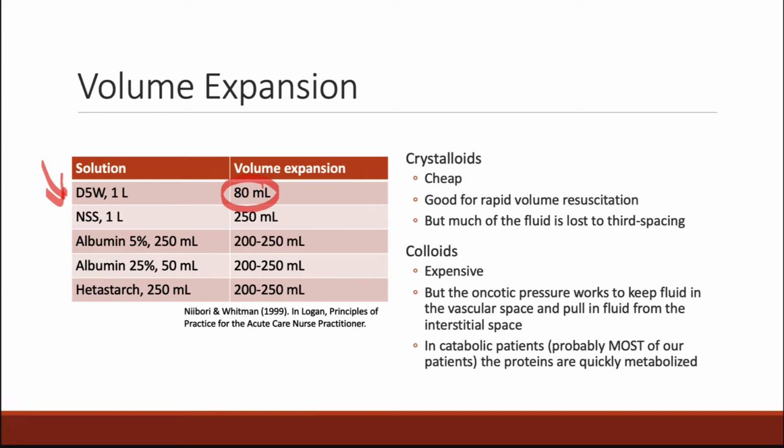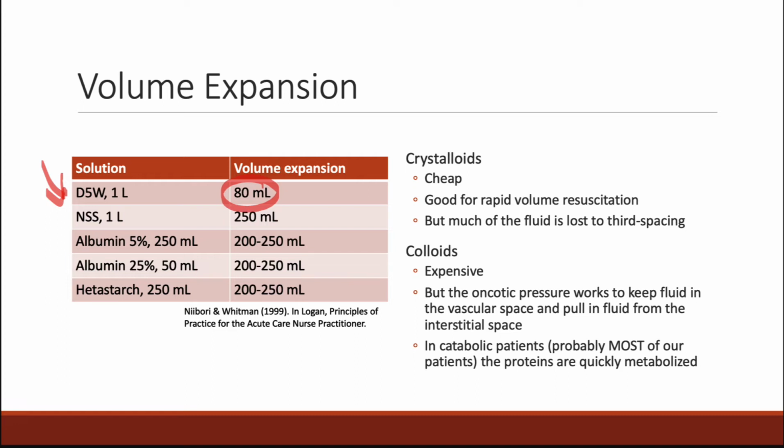Most of that fluid is lost in the interstitium. Makes sense if you understand the mechanism, right? If you understand that it's not concentrated enough with electrolytes to keep them in, it makes sense that that fluid is going to leak out. So it's good for hydrating dehydrated people at the cellular level, but not so good for replacing blood volume and keeping their blood pressure up.